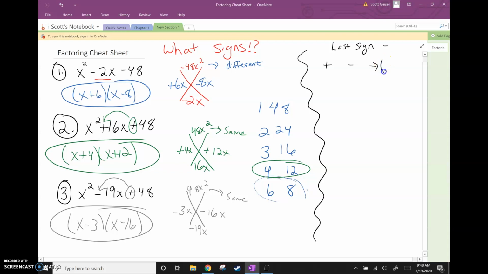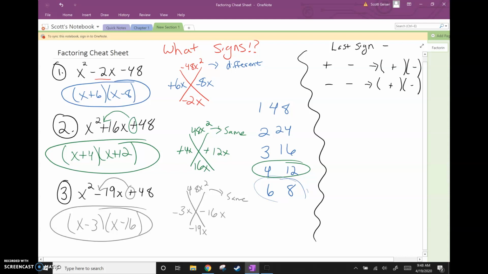The signs will be different. So I'm going to have one plus and one minus. That would happen if I have a positive and a negative here. Same thing, one plus, one minus. This would be for your answer, the thing that you would circle.